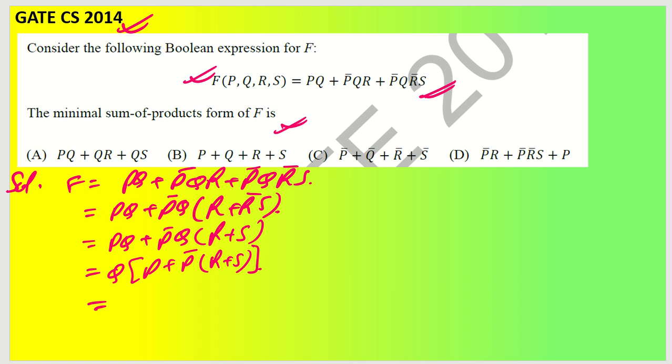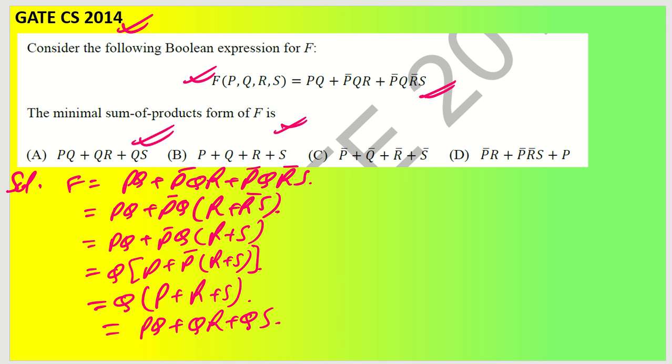Now you can see P plus P bar into R plus S will become P plus R plus S. So I can write it as Q times P plus R plus S, and this is very easily PQ plus QR plus QS. I can multiply Q inside, so this is the term that is matching, which is option A.